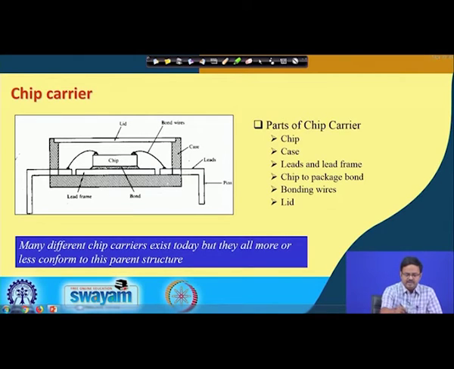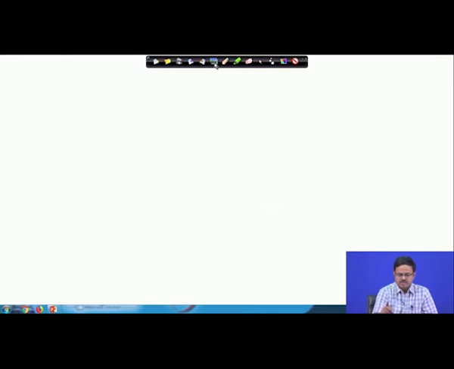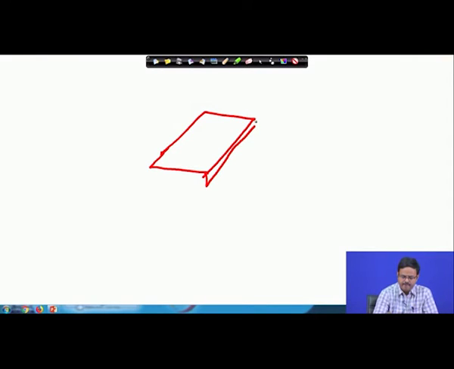Okay. If I now draw something, sorry. So, what I will be able to see, if I look at it from outside, is this how it is going to be. I cannot see because this is the case and the lid. So, what is inside?